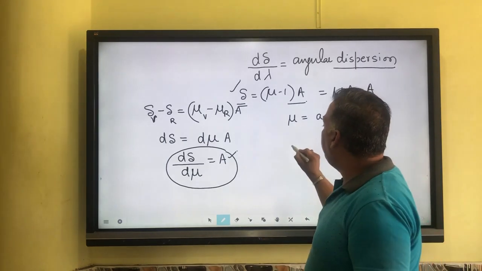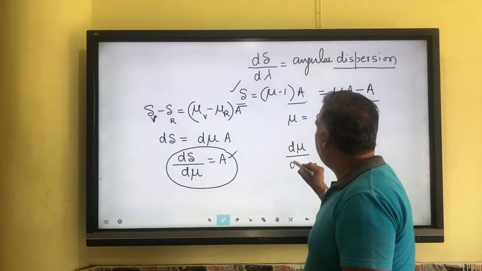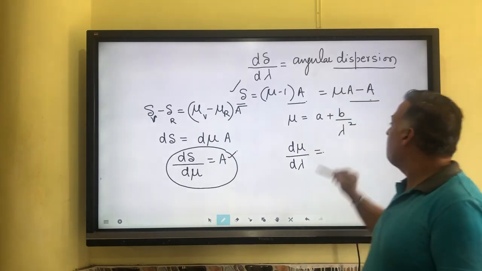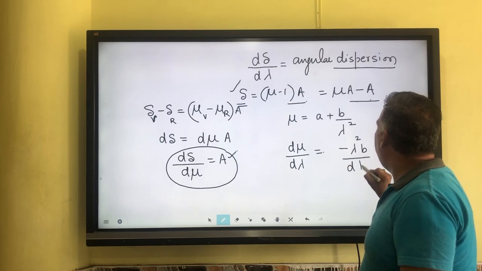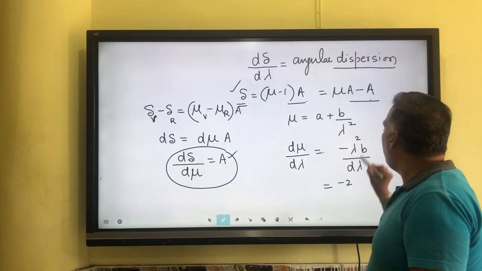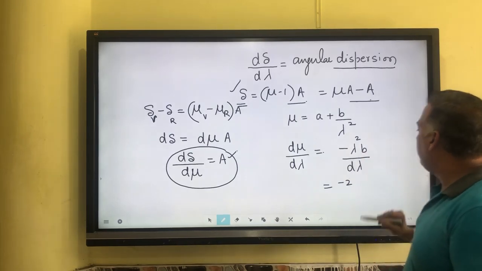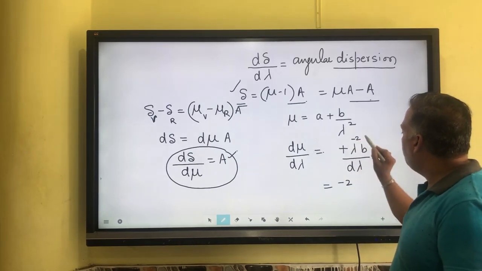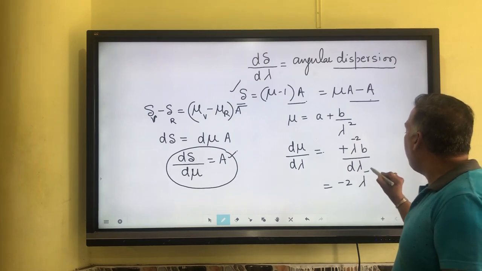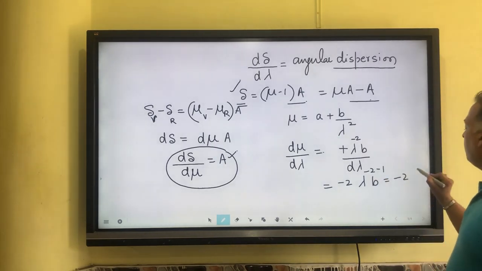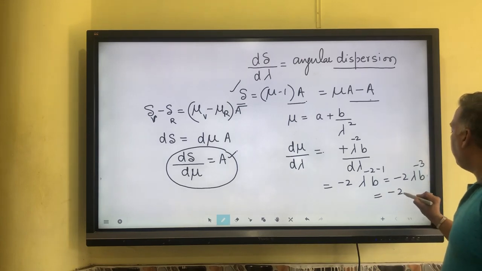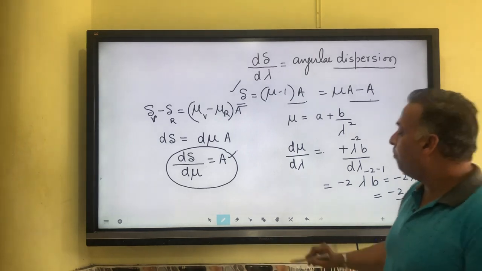If I differentiate it with respect to wavelength, the power 2 comes to the upper side, so lambda to the power minus 2 minus 1 into B. It becomes minus 2 into lambda to the power minus 3 into B, so it is minus 2B upon lambda cube.